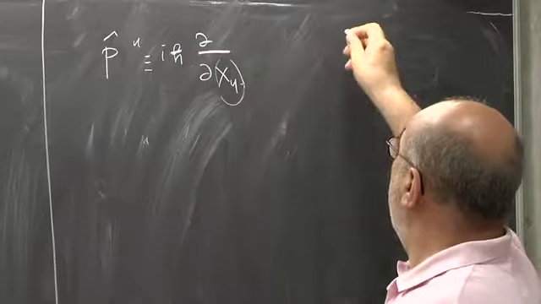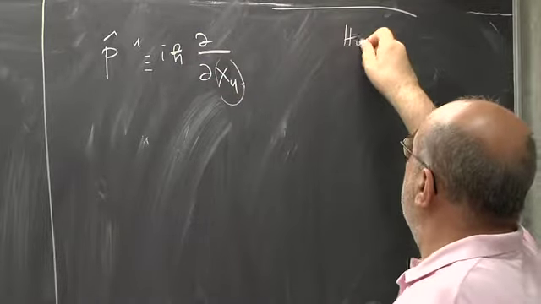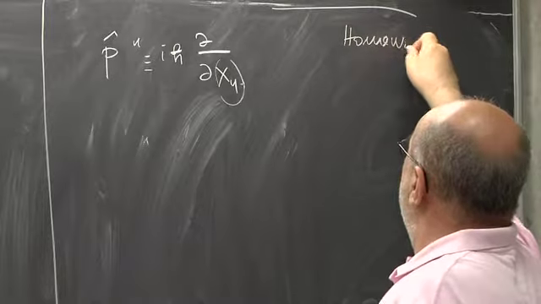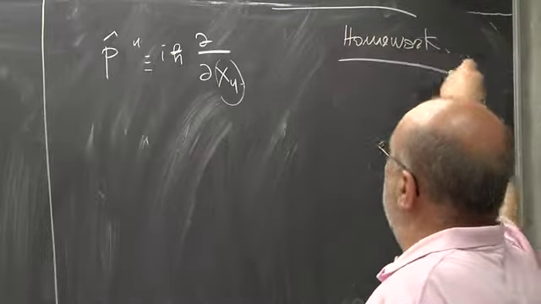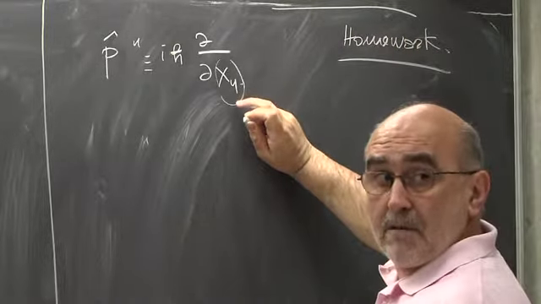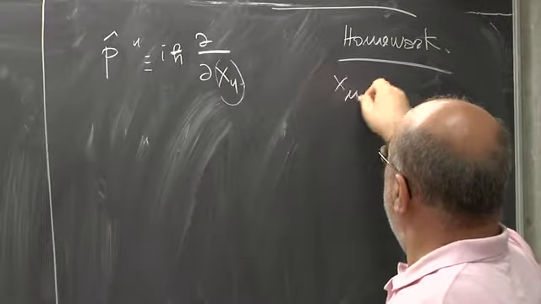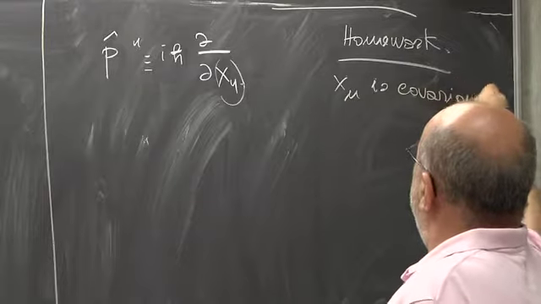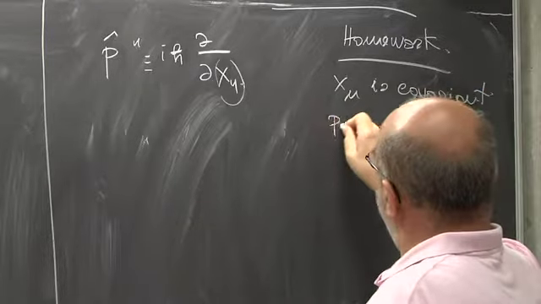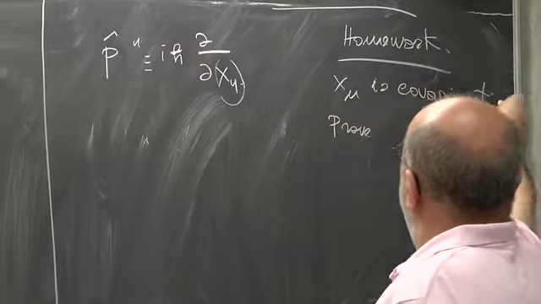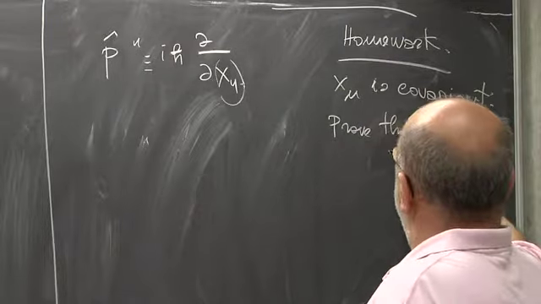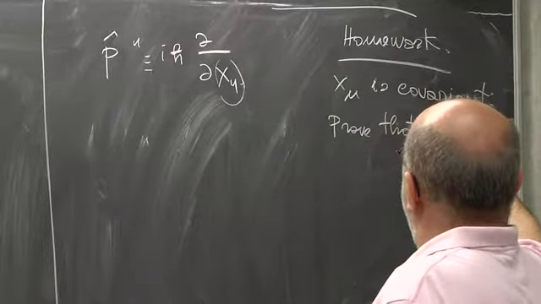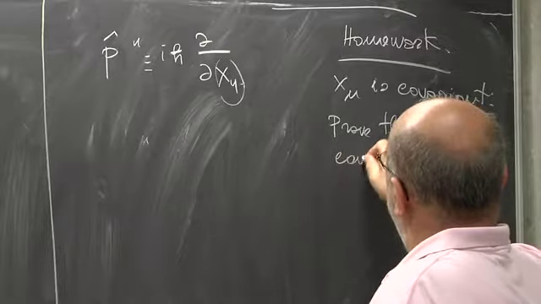Do this as a homework. So I write here: homework. This has the index down, so it is covariant, and you know how it transforms. Prove that P mu is contravariant.